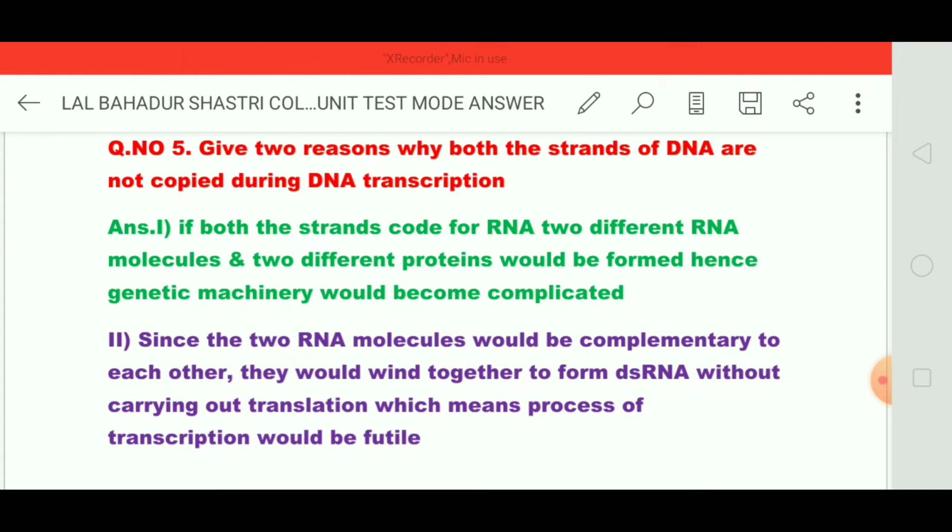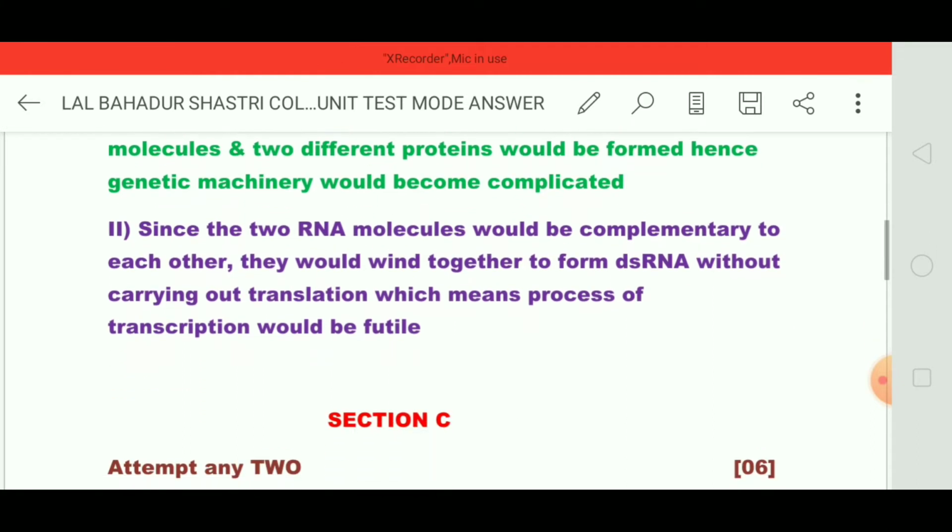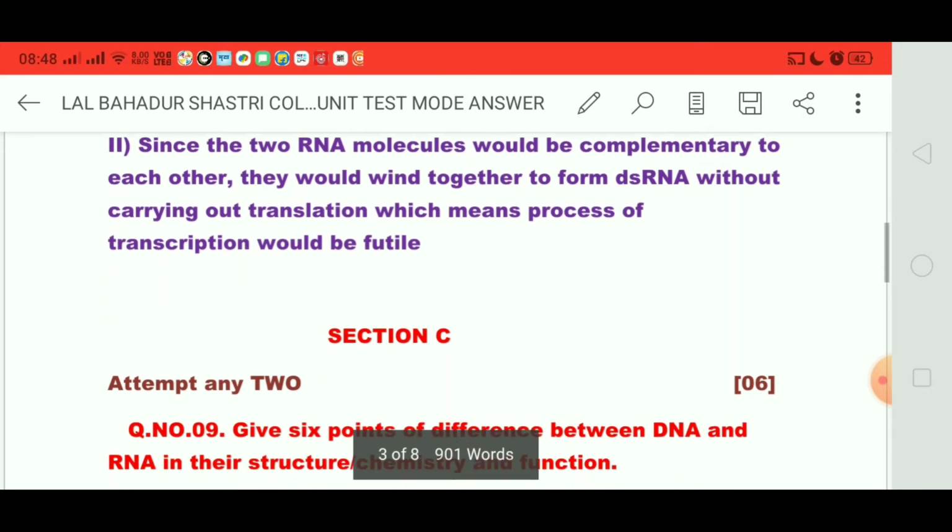Hence the genetic machinery would become complicated. Since the 2 RNA molecules would be complementary to each other, they would wind together to form dsRNA without carrying out translation, which means the process of transcription would be defeated.